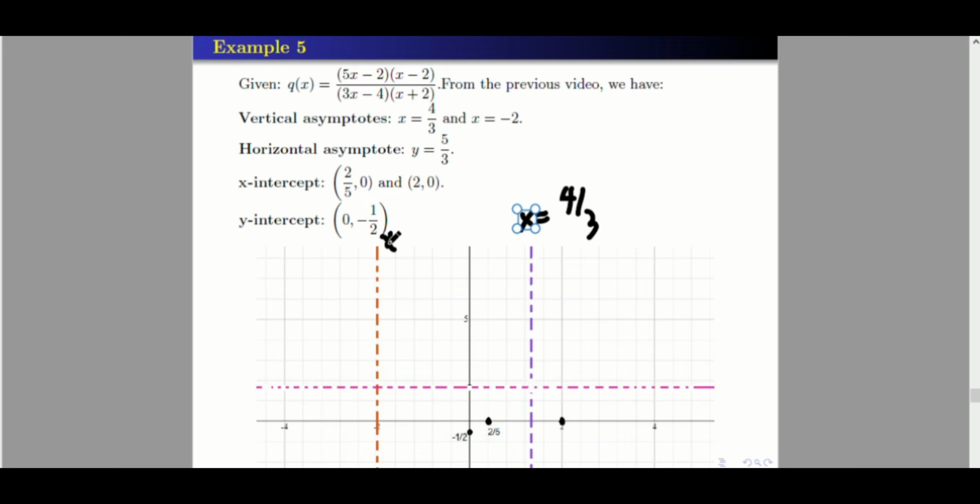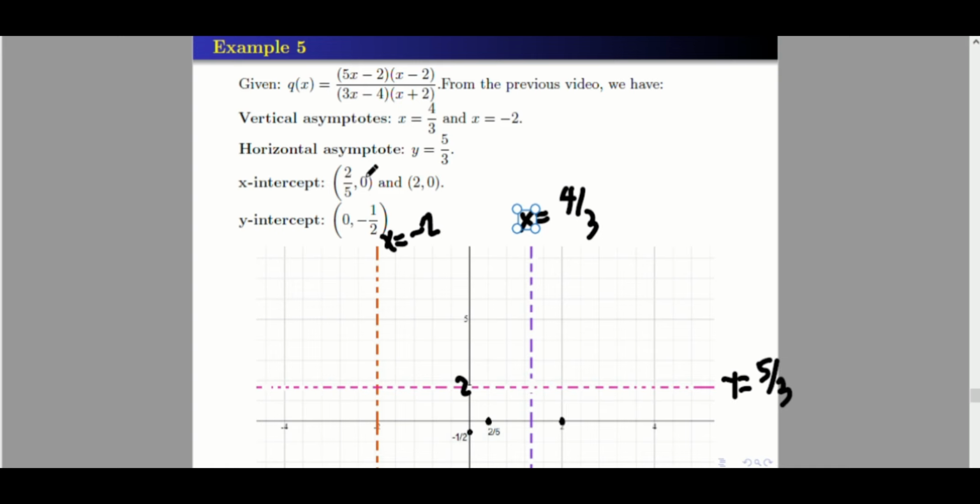So we have two vertical asymptotes. And we have the horizontal asymptote y equals 5/3. So y equals 5/3 is almost 2. This line here is 2, so it reaches almost this point.